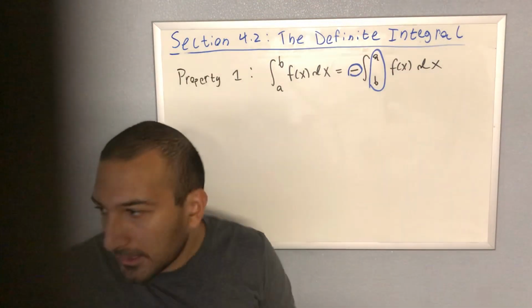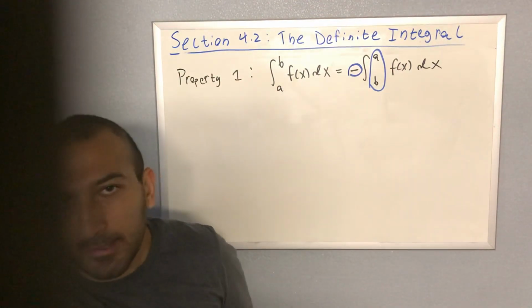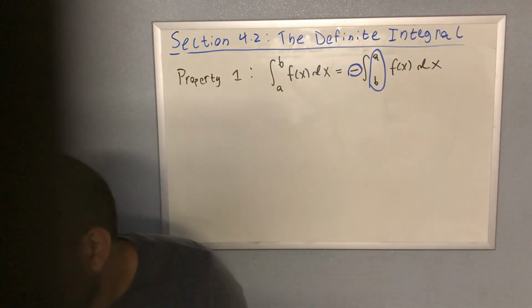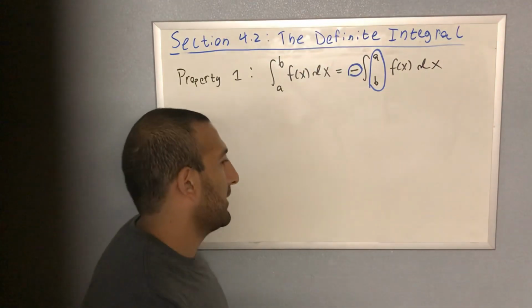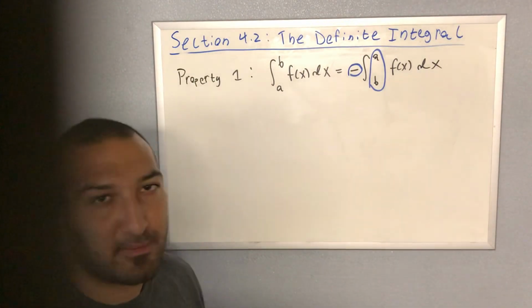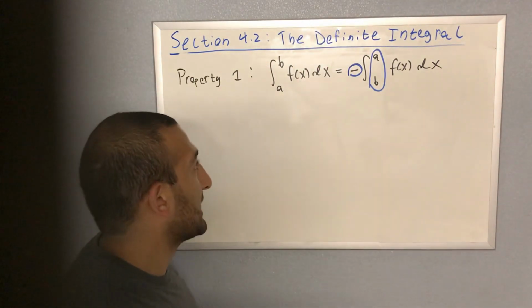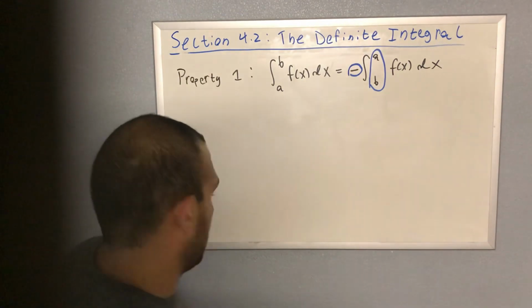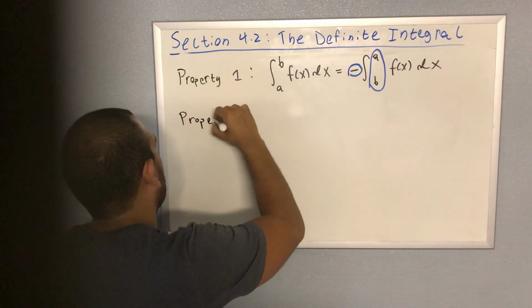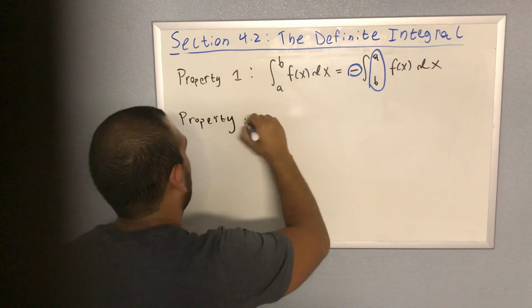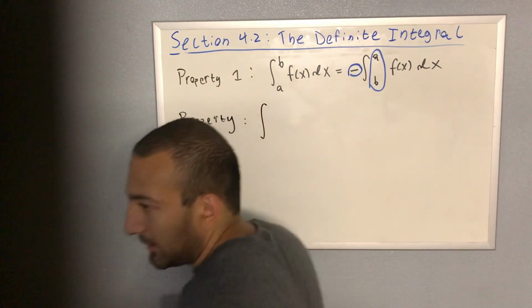Then the second property. We could sit here and prove all of these, but I think for a first run of calculus, this is definitely good enough to just see these displayed and how they're used. So the second property is, how do they write this here?